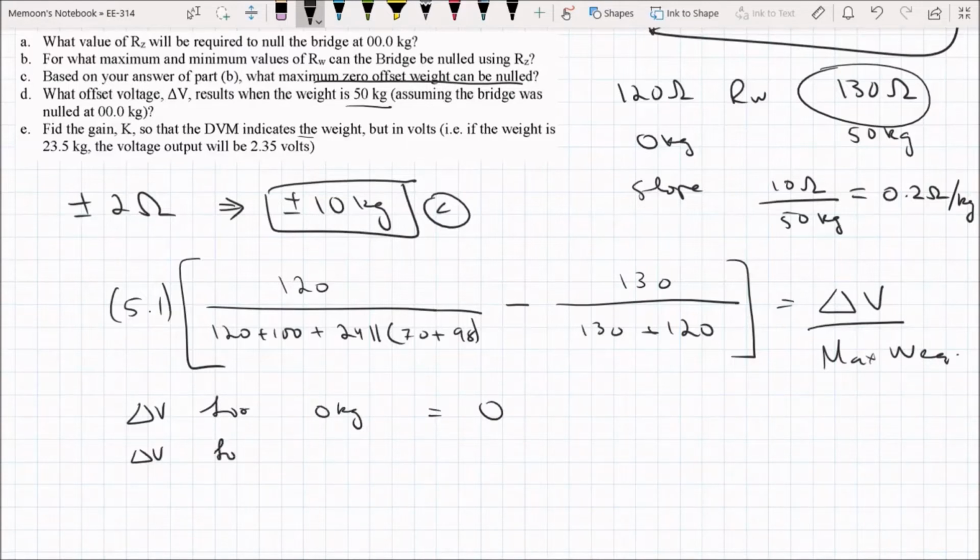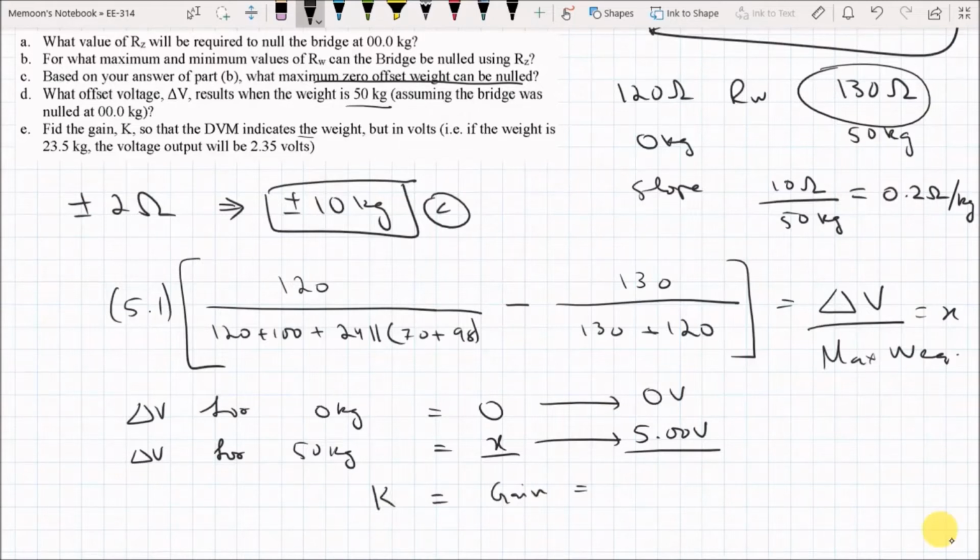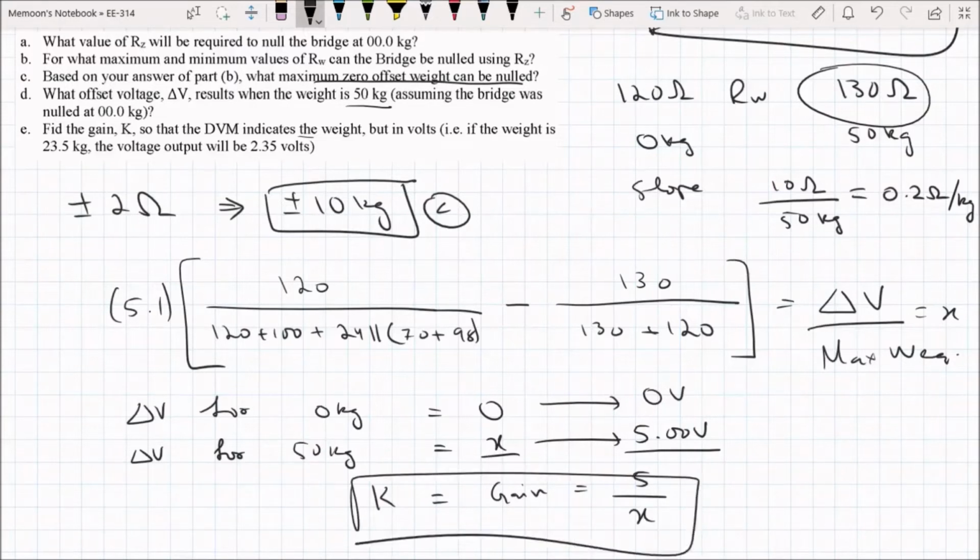Delta V for 50 kg weight is, let's say, X. So you have to translate it into 0 volts to 5.00 volts. You have to simply divide this 5 volts by X and find the gain. So your gain K will be equal to 5 over X, and you can calculate that.